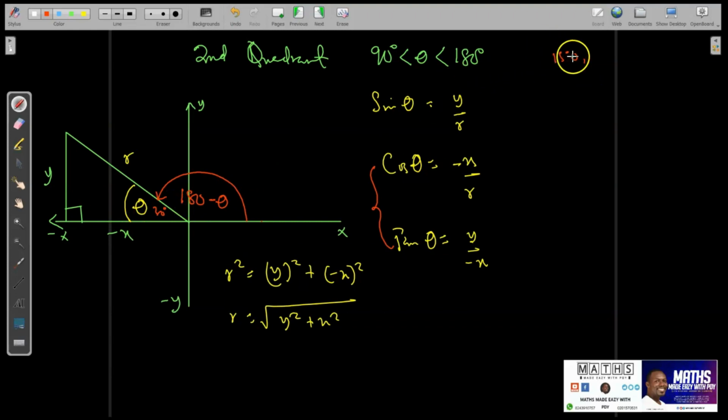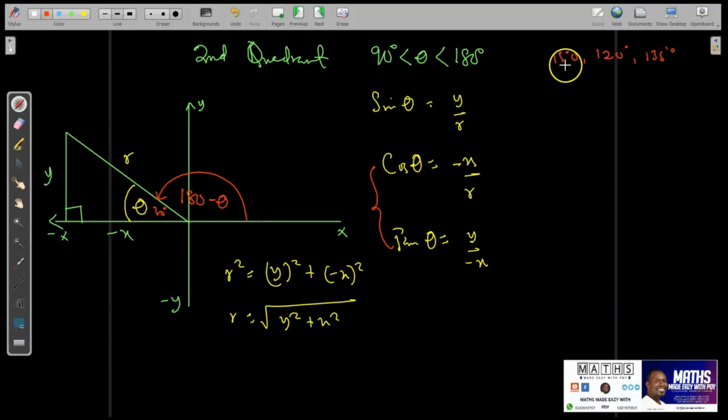If x is 60 degrees, then 120 degrees is a possible special angle in that quadrant. If you have 45 degrees, then we are going to have 135 degrees.